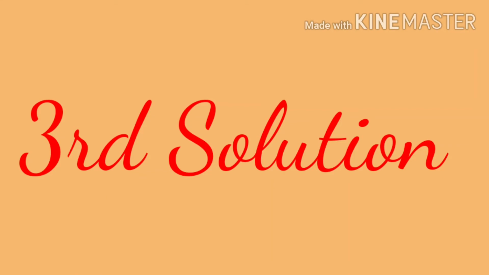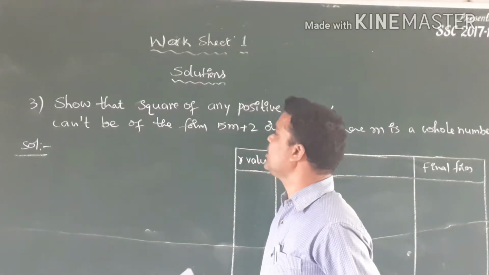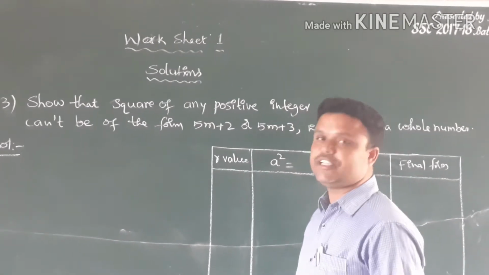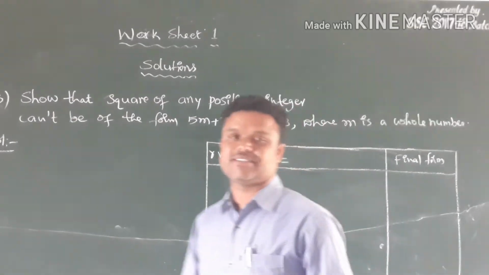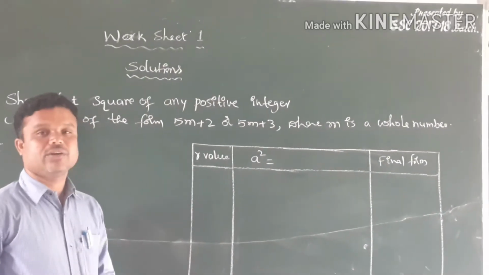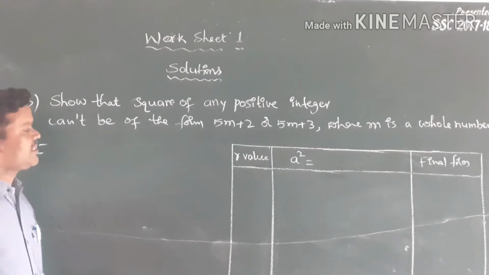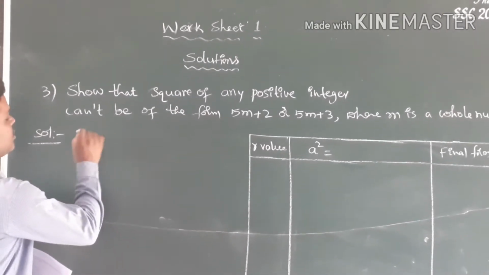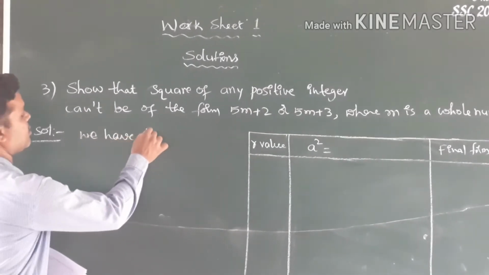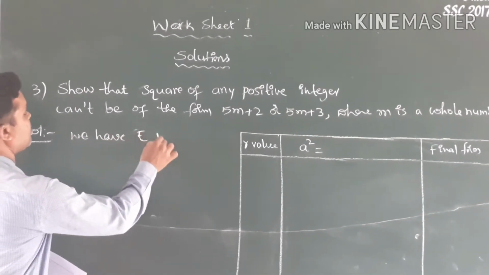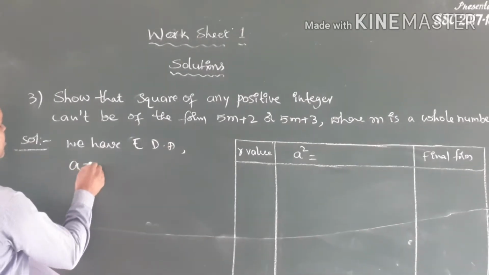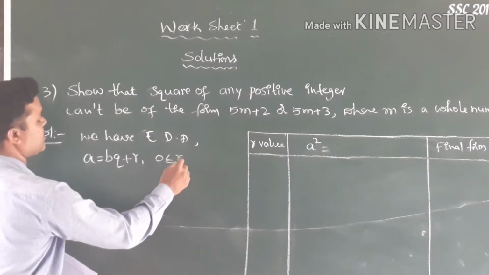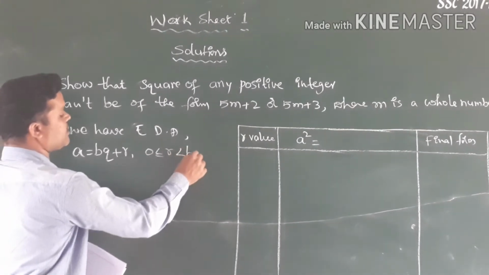Show that the square of any positive integer can't be of the form 5m plus 2 or 5m plus 3, where m is a whole number. For this question, the solution is according to Euclid's division lemma: a is equal to bq plus r, where 0 is less than or equal to r is less than b.